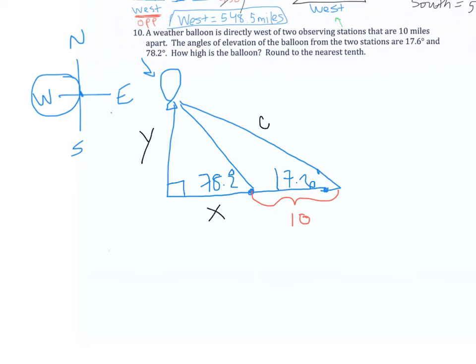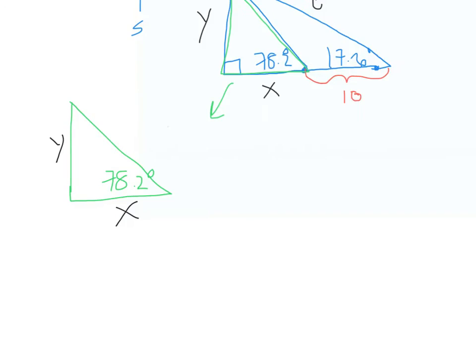Now I like to draw two different triangles when it's inscribed. So I'm first going to do in green this little triangle on the inside. So I drew the green triangle over here. Now I'm going to draw the bigger triangle, and I'll do that in a different color.